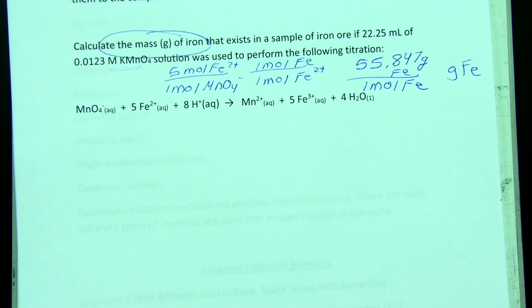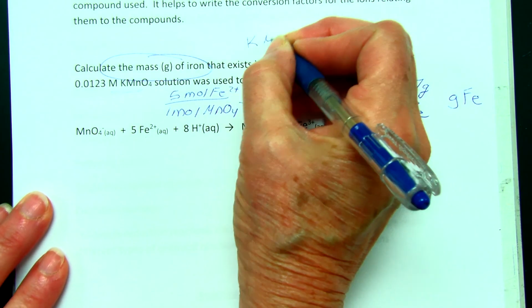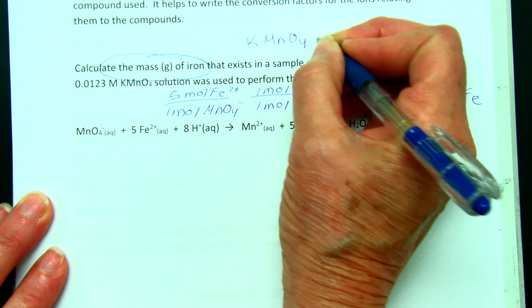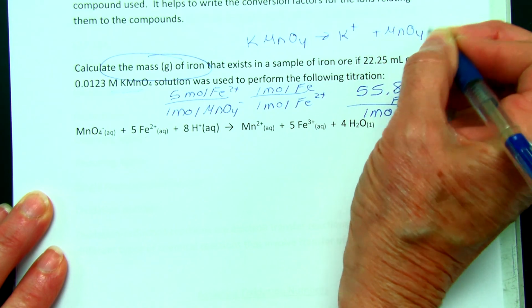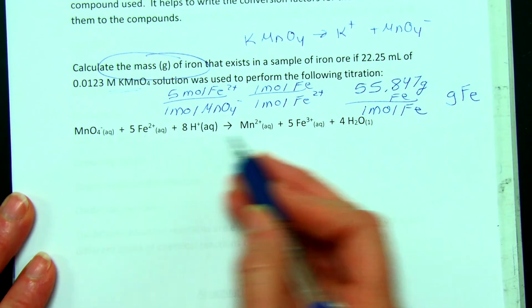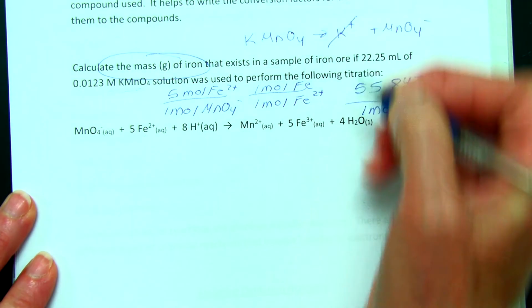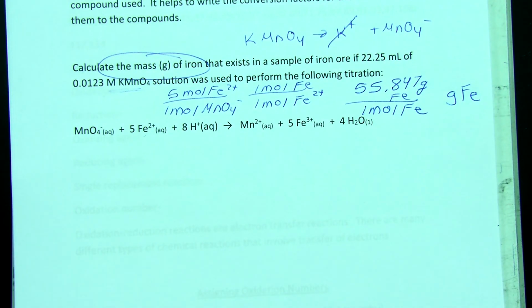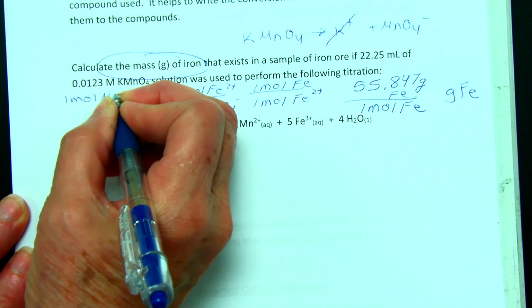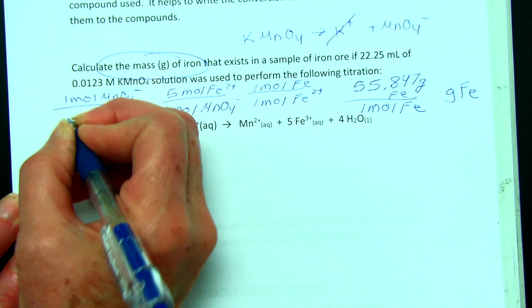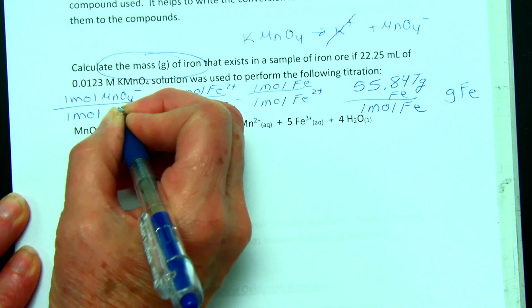Who cares about the potassium? What we know is that the potassium permanganate is aqueous, so it breaks down and gives us potassium ions and permanganate ions. And since this is the net ionic equation, the potassium was a spectator. But we have to recognize that we got 1 mole of permanganate for every 1 mole of potassium permanganate.